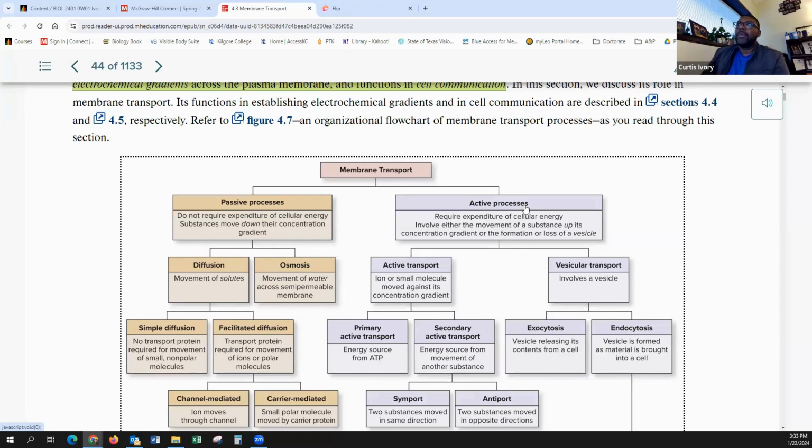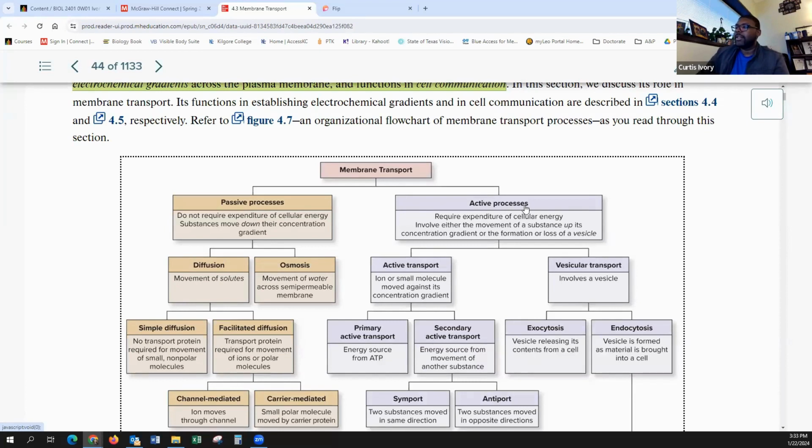That's because it went from a high concentration to a lower concentration. So that's just like me rolling a ball from the top of the hill to the bottom of the hill. It's going to go from high to low without any energy.